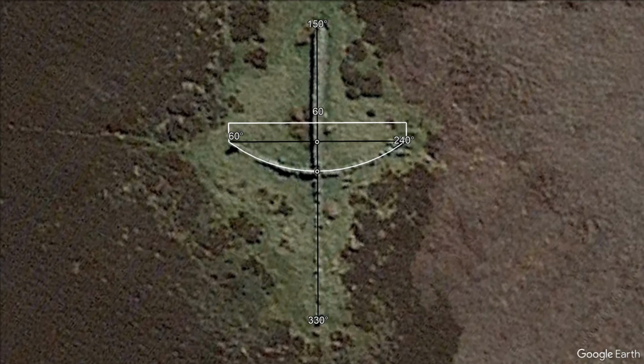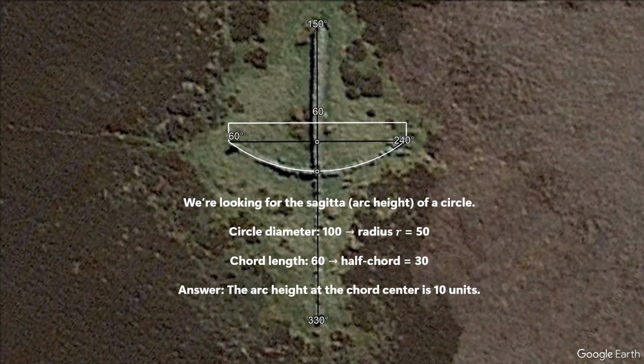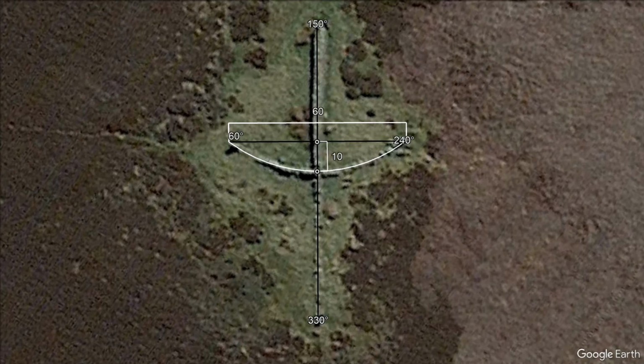So our calculation begins from the center stone, and we're going to find the distance from the center stone to the chord center. And we do this with the formula using the chord length and the arc of 50. And we're going to find that this is 10.